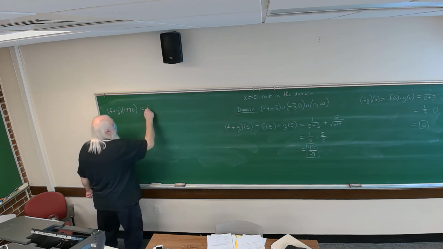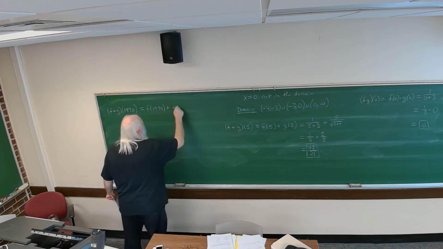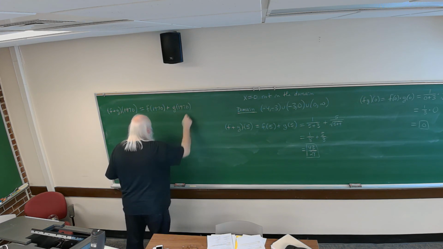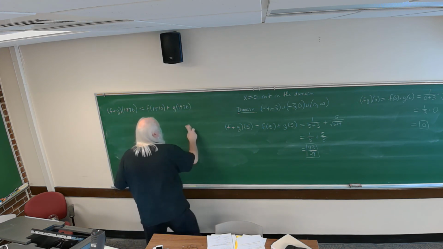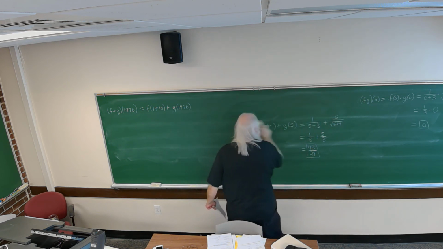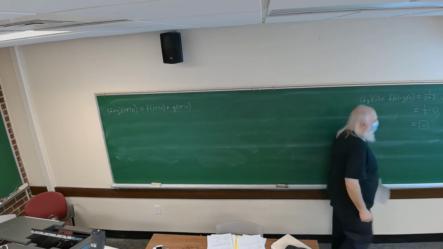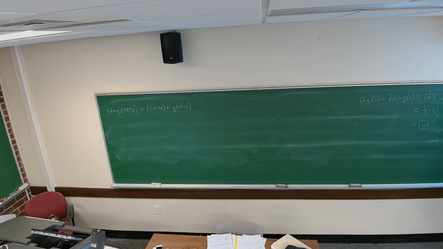So this is equal to f of 1970 plus g of 1970. Well, what's f of 1970 equal to? 32. Right, so here's f of x. X is 1970. So f of 1970 is equal to 32.4. And g of 1970 is equal to 17.6.